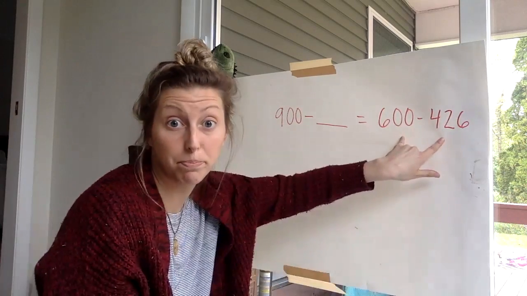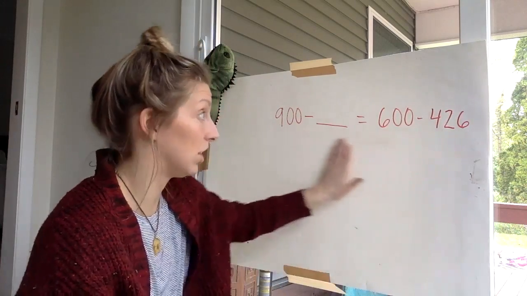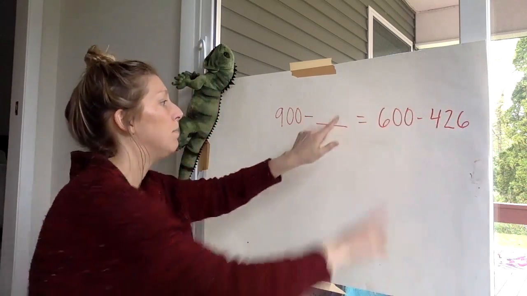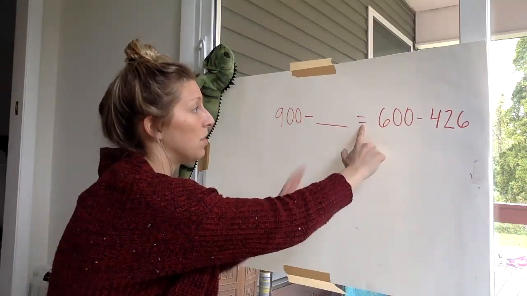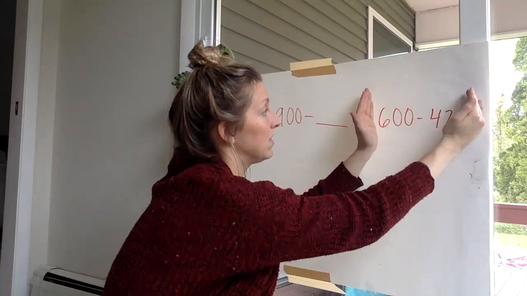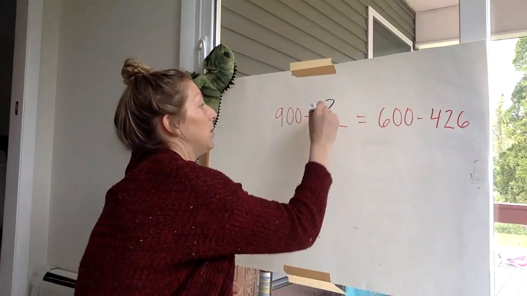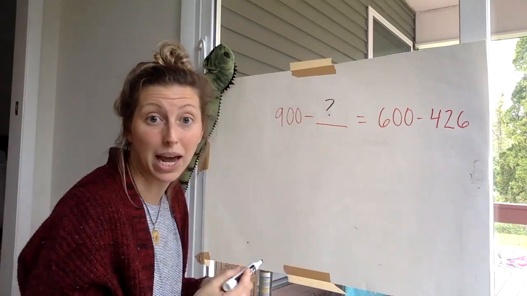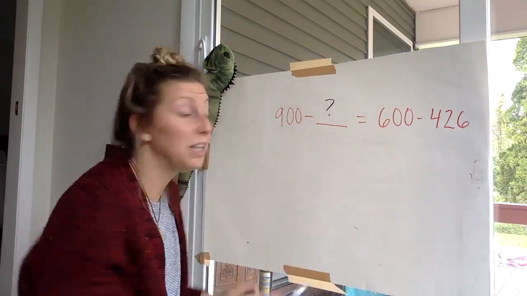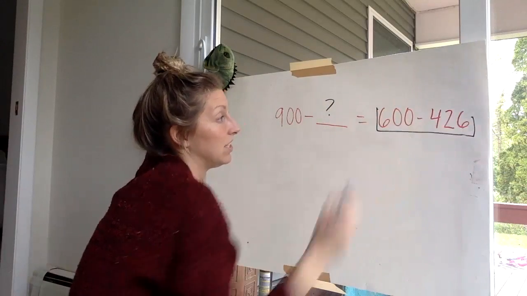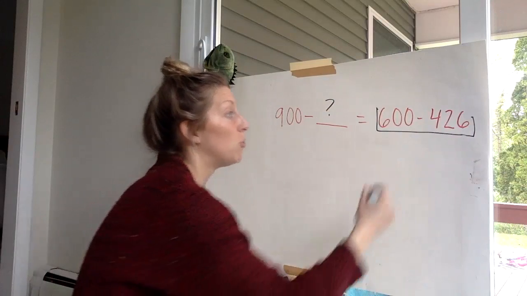Do this part first. So I know it's a long equation and long number sentence, but there's your equal sign. So this side has to be the same as this side. We have to figure out what number goes here. We don't know, okay? But in order to figure out this side, we have to know how much does this equal? 600 take away 426.